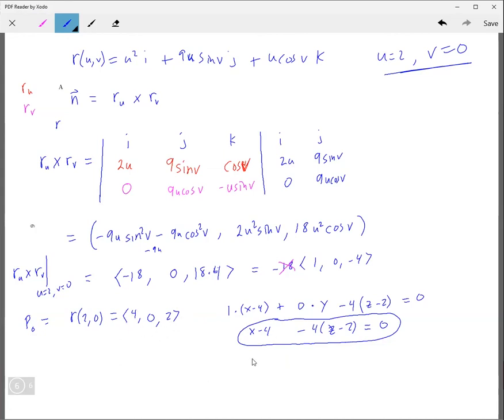If we simplify this, let's see. We have x minus 4z plus 8 equals 0. Negative 4z equals negative x minus 4. Okay, so z is negative 1/4 x plus 1 looks like.